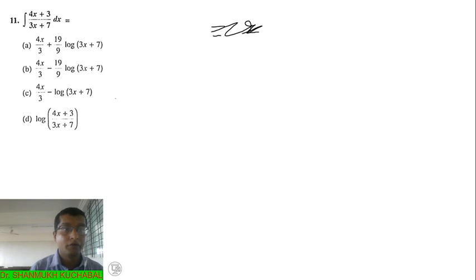Integration of 4x plus 3 divided by 3x plus 7 into dx.